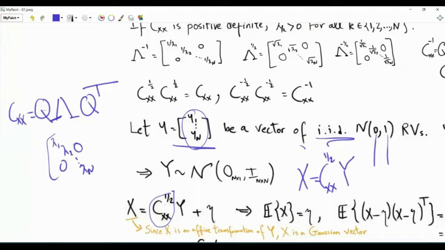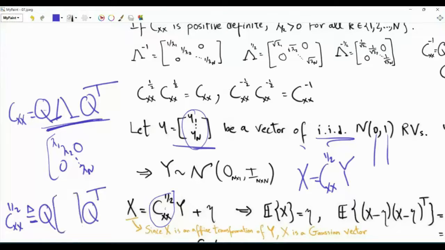For symmetric positive definite or symmetric positive semi-definite matrices, we define this as the matrix obtained from the eigendecomposition of Cxx by taking matrix Q, then Q transpose, and in between we put a matrix with the square roots of the eigenvalues, the positive square roots.